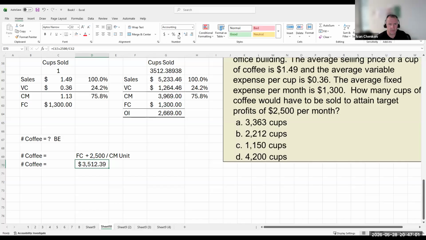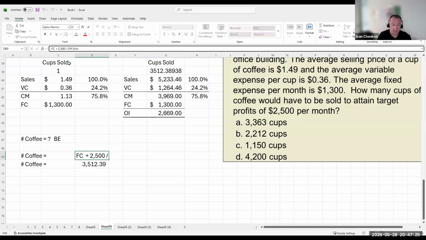That should be number of units, so we have to remove this one. 2,000 fixed cost, contribution margin per unit. 2,500. That's not exactly what I'm trying to get here. Why doesn't it work? I know what it is, because I'm missing the bracket. Once I put the bracket, it's going to work.